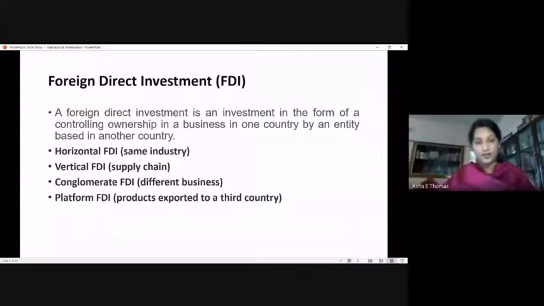Then vertical FDI is very popular in most multinational organizations. This is a collaboration or integration based purely on the supply chain. Imagine you are a coffee selling company in the US, but the coffee production in the US does not meet your requirements.